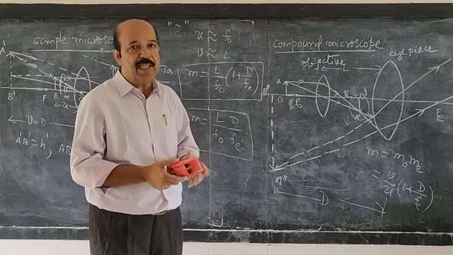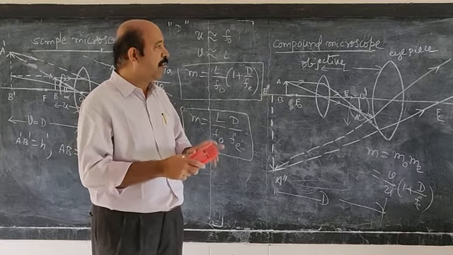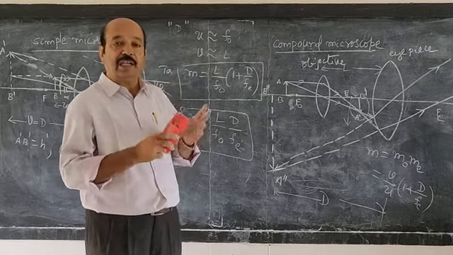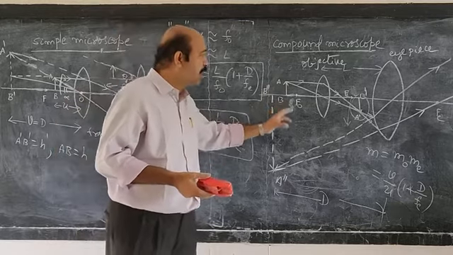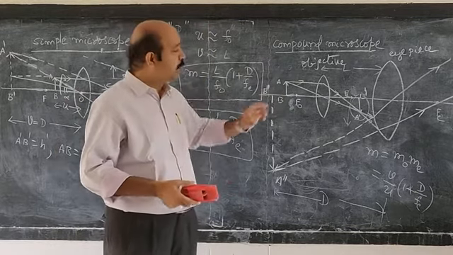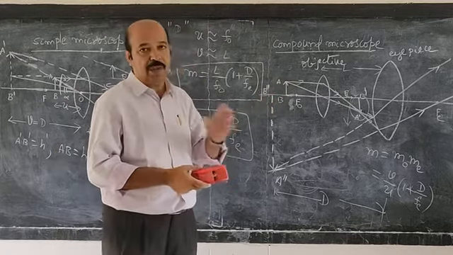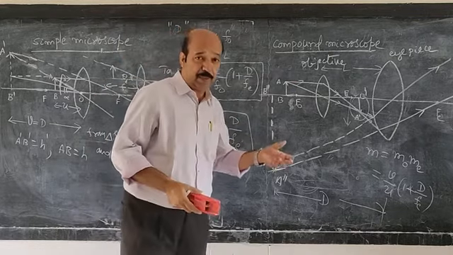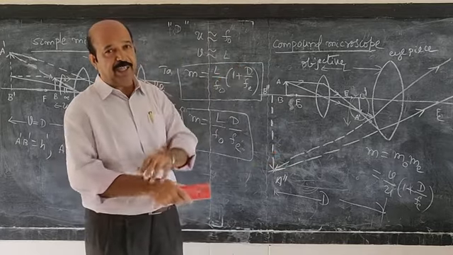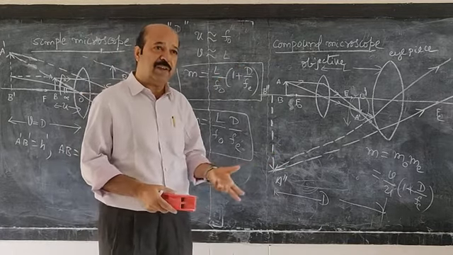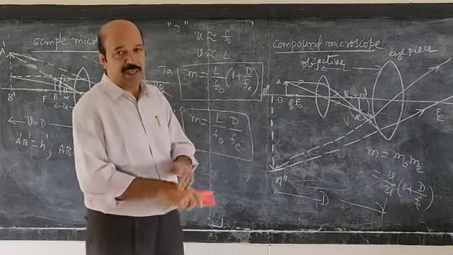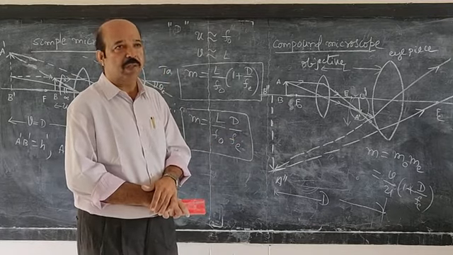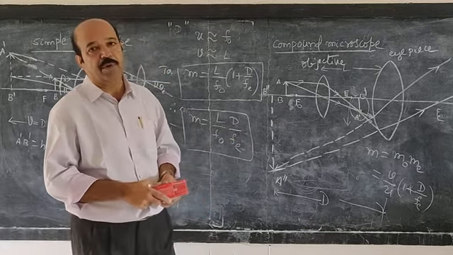So for minimizing such defects and to have more magnification and clear vision, oil immersion objectives are used, and similarly the eyepieces are also combinations of lenses, and the magnification also depends upon the wavelength of light used. By using shorter wavelength of light, more magnification can be achieved. So that's about the compound microscope.